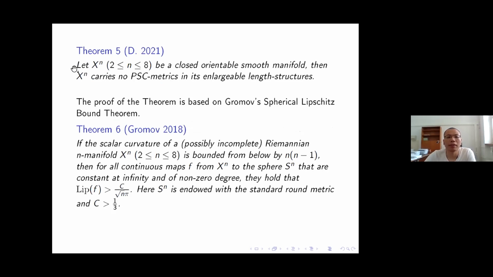So we have the theorem that if S is a closed oriented smooth manifold, then S carries no PSC metric in its enlargeable length structures. Here we have a dimensional restriction, because our proof of the theorem is based on the Gromov spherical Lipschitz bound, and the Gromov spherical Lipschitz bound theorem is also based on the minimal surface theory.